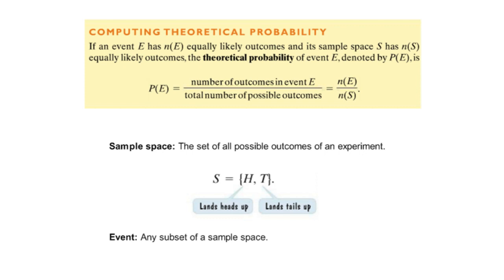Computing theoretical probability: if an event E has cardinality E equally likely outcomes, and its sample space S also has equally likely outcomes, the theoretical probability of an event E is denoted by P of E. So this P of E means the probability of the event E. Notice we have in the numerator the number of outcomes in event E divided by the total number of possible outcomes.